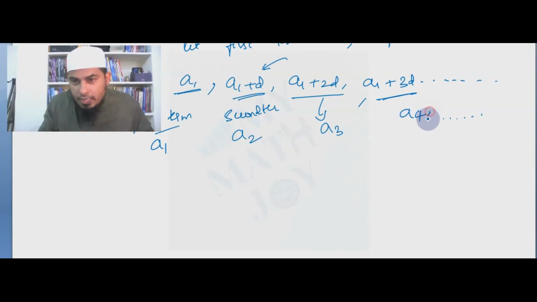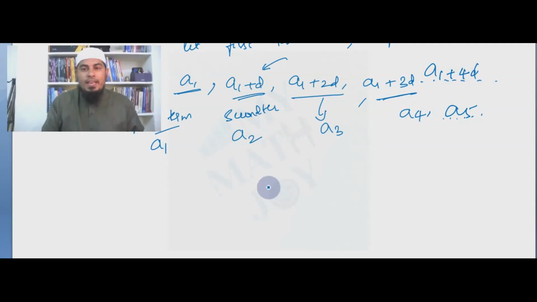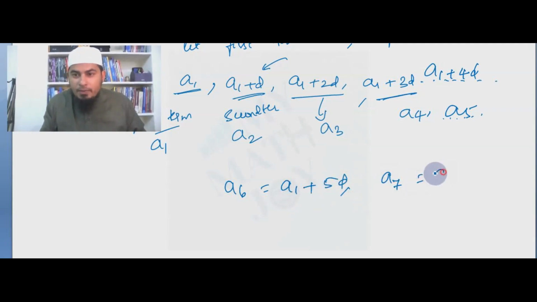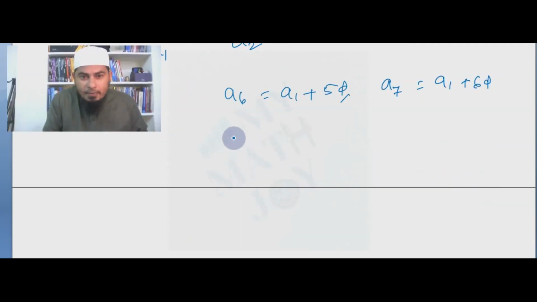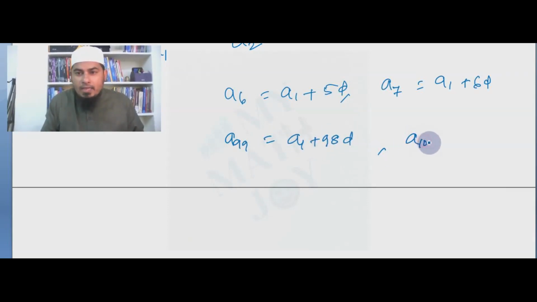If you see a5, what will it be? a1 plus 4d. Can you tell me what a6 will be? It will be a1 plus 5d. Similarly, what will be a7? It will be a1 plus 6d. Can you tell me what a99 will be? a1 plus 98d.